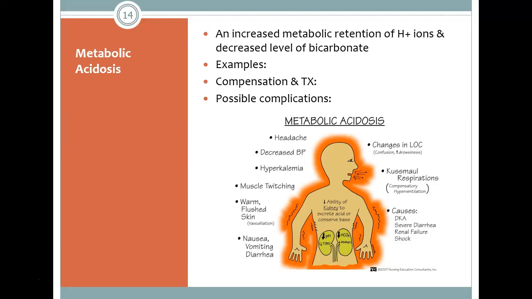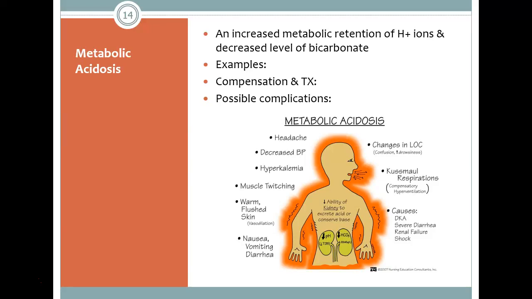And you'll notice in your patient that they'll have a headache, and they'll have a change in their level of consciousness. Specifically, you'll see confusion, drowsiness, lethargy. Their skin may be flushed because it's due to the vasodilatation that's happening. You might also see some nausea and or vomiting in this patient that could or may not be present in all patients that have metabolic acidosis.